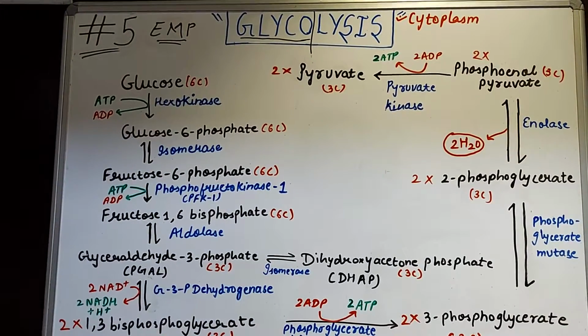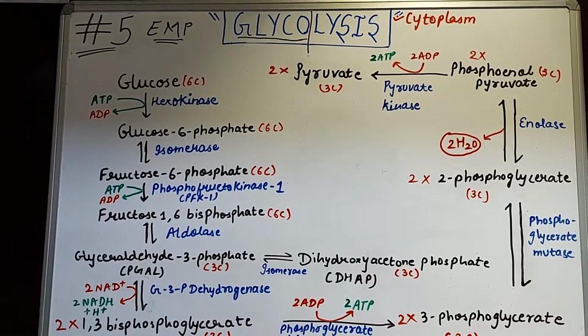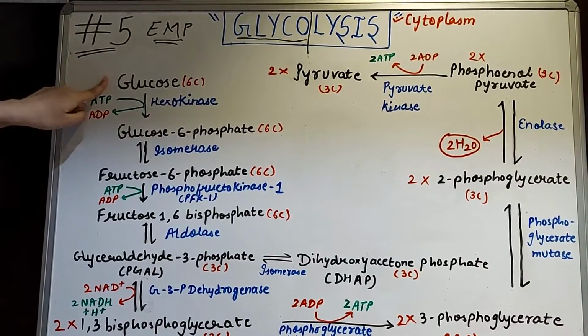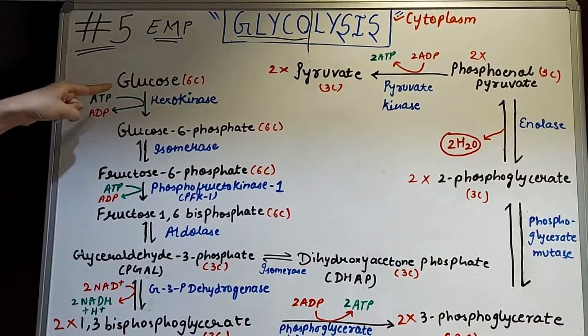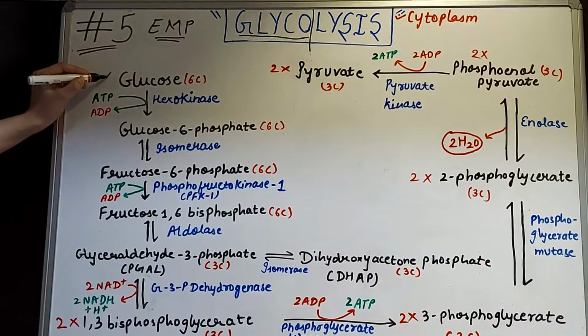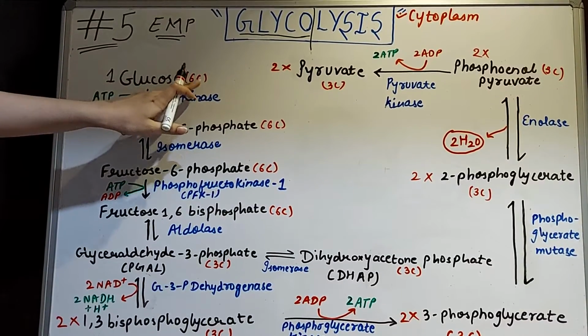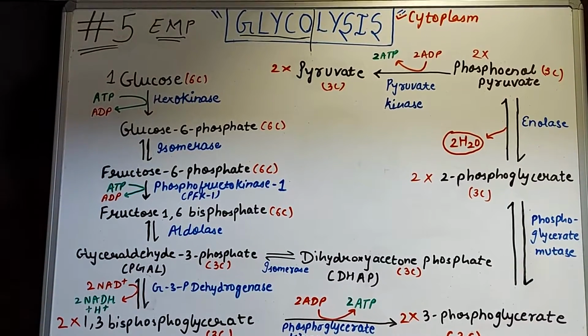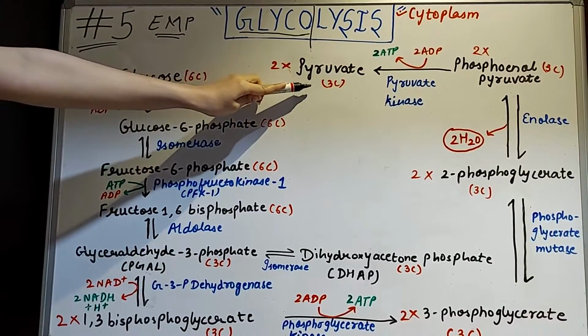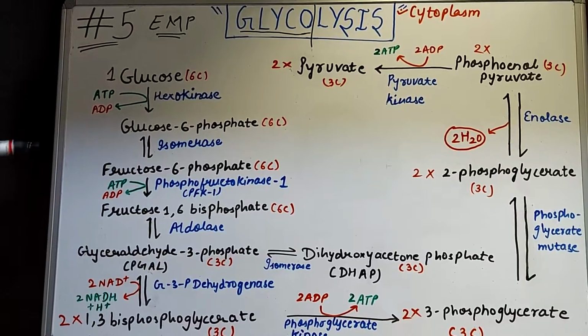So now let's start. Before starting, one should remember that one molecule of glucose is a 6 carbon molecule. So one molecule of glucose, which is a 6 carbon molecule, is converted into 2 molecules of pyruvate, that is 3 carbon molecule, by the ending of this pathway.